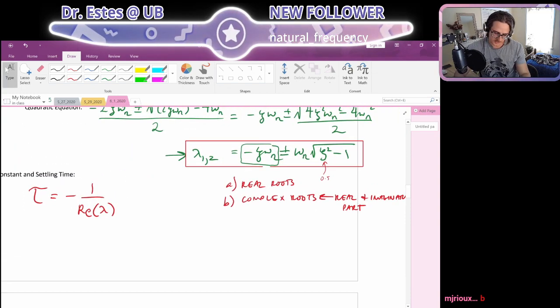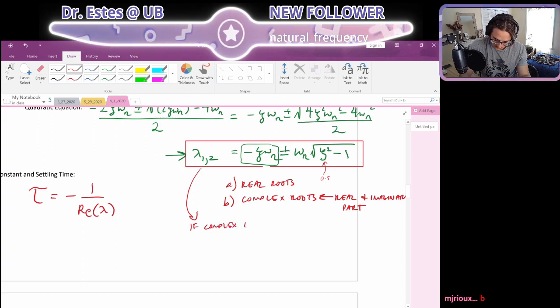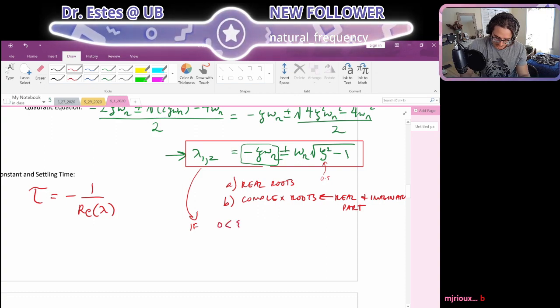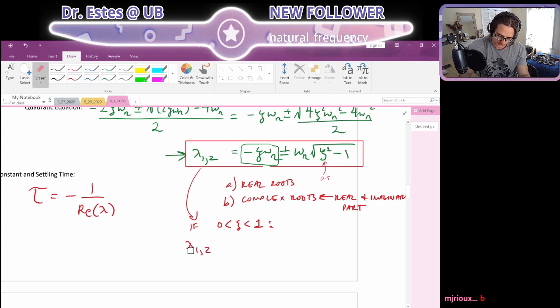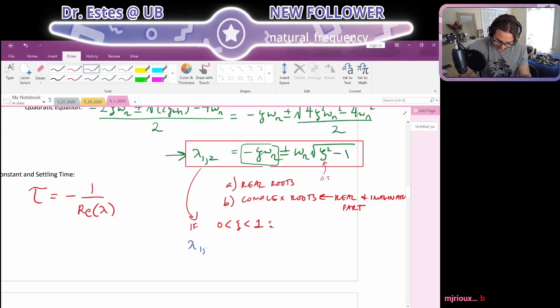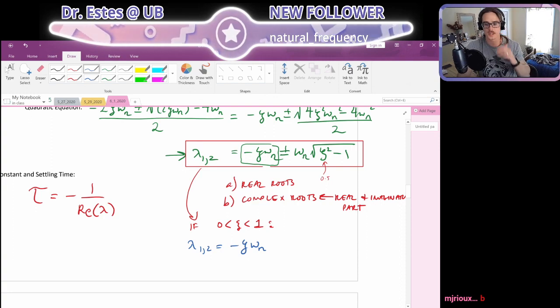And in that case, actually, let's say this. If zeta is between 0 and 1, you can actually write it like this. I'll use a different color. So this part won't change.